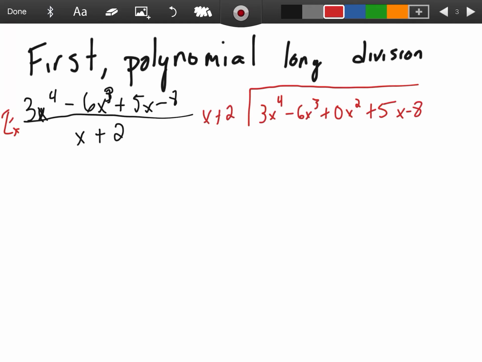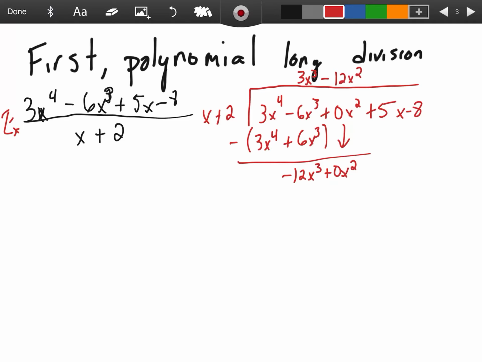All right, so we start off. 3x to the fourth divided by x is 3x cubed. So we've got 3x cubed, then we'll multiply here. That's 3x to the fourth plus 6x cubed. And we subtract, we get negative 12x cubed, bring down plus 0x squared. Negative 12x cubed divided by x is negative 12x squared.